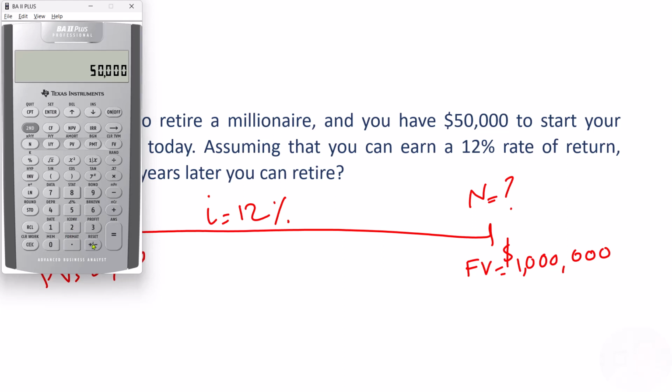Make sure you follow the sign conventions, the negative 50, and then you want to have $1 million in the future, and your rate of return is 12%, so you're computing for N here. So it takes 26.4 years to achieve this goal, to become a millionaire.